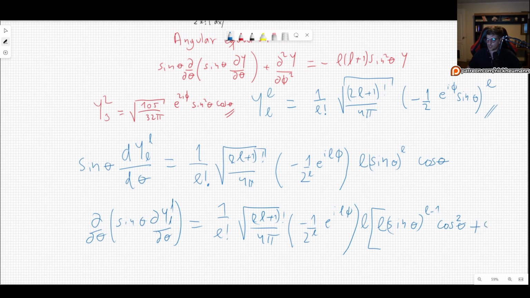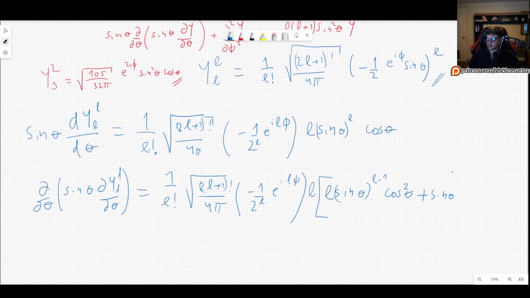Plus, now we leave the sine fixed without doing anything: sine theta to the L times the derivative of cosine theta, so we actually get minus sine. So we get a minus sign here, sine theta. Okay, so of course this is now to the L plus 1.